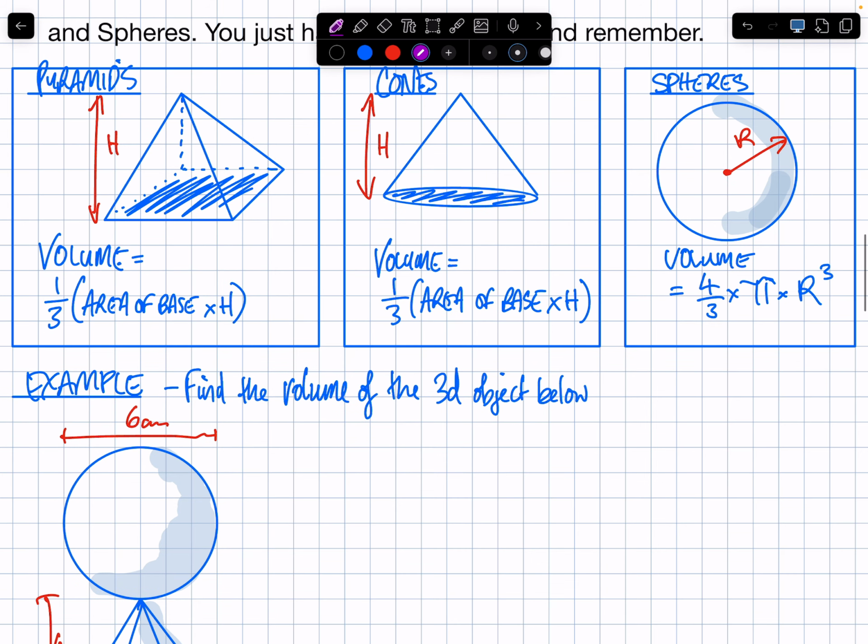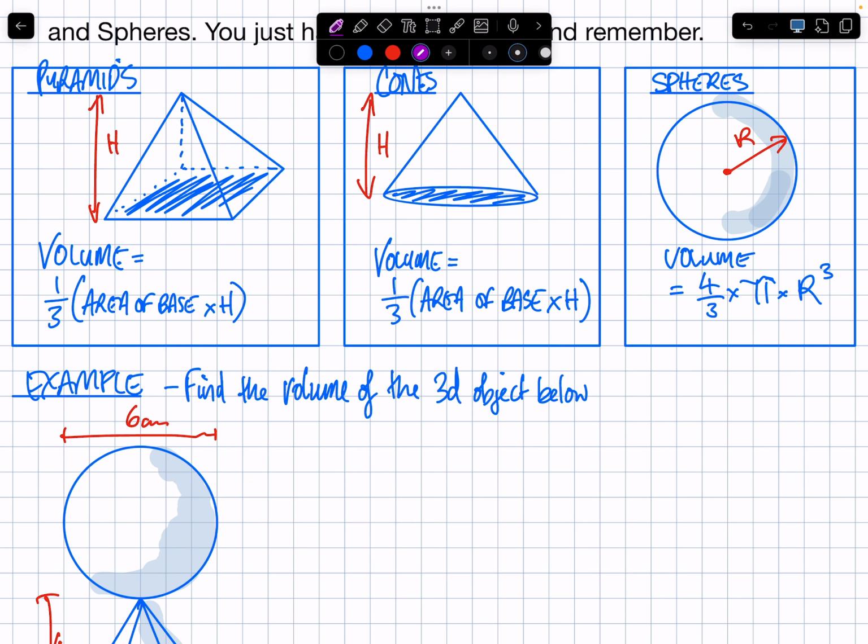You can't quite see the whole shape, that's fine. Can I see the top of this shape that I'm finding the volume of? What shape is that? The top there. Sphere. So if I wanted to find the volume of that sphere, I'm giving you the formula, 4/3 times by pi times by, it's 6 across. So what would the radius be? 3 cubed.